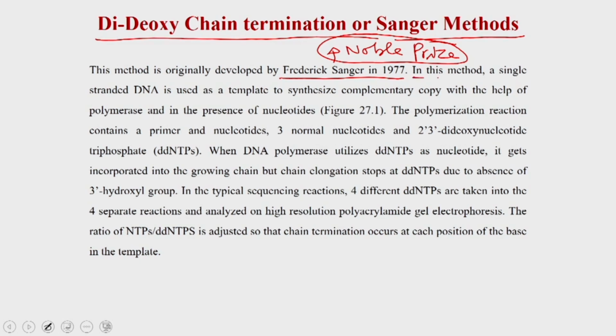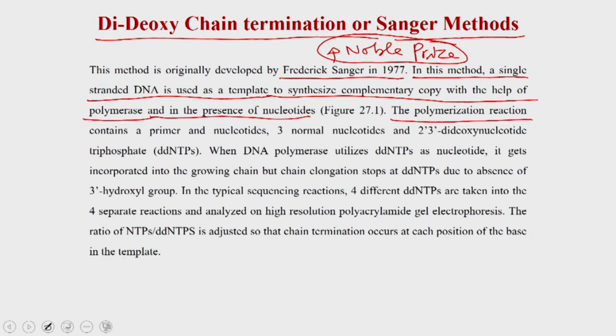In this method we generate a single stranded DNA as a template. We use the single stranded DNA template to synthesize the complementary copy with the help of a polymerase, which means typically we are just doing PCR in the presence of nucleotides.